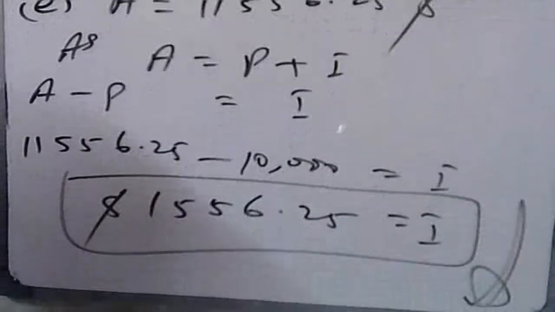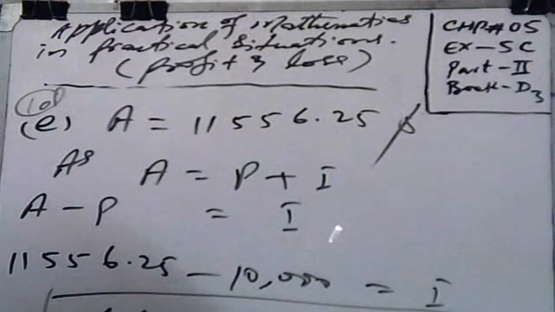Now the next question is number 11. Wilson invests $5,000 at 5 whole 1 by 4% per annum, compound interest compounded annually. Find the amount at the end of the third year.